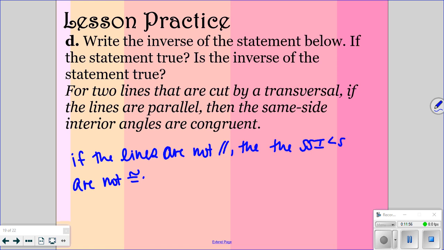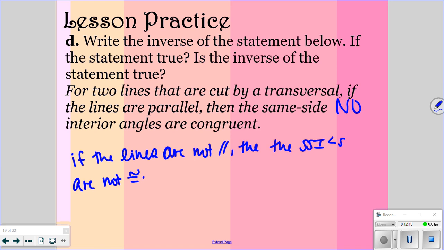So for two lines that are cut by transversal, if the lines are not parallel, then the same side interior angles are not congruent. That's the inverse. Is the original statement true? If your lines are parallel, then the same side interior angles are congruent. No. If lines are parallel, the same side interior angles are supplementary. So that would not be true.